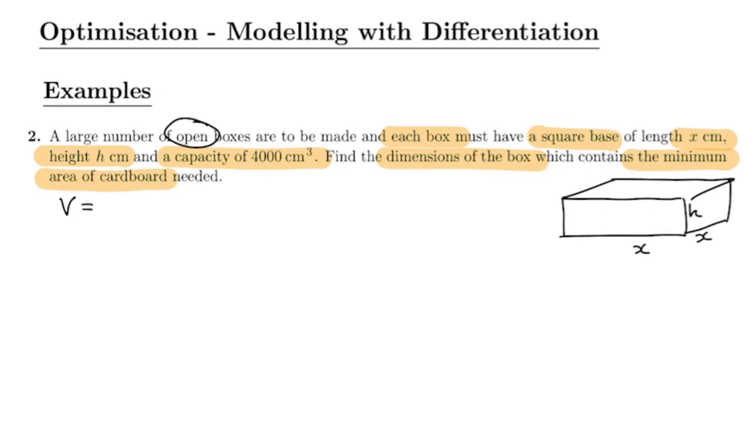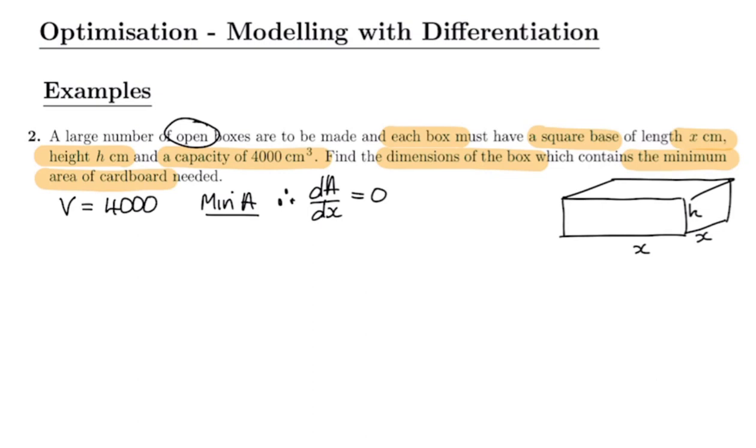I know that the volume is 4,000. I want minimum A. Therefore, dA/dx must equal 0. I want to minimise the area, so I want the gradient to be 0.